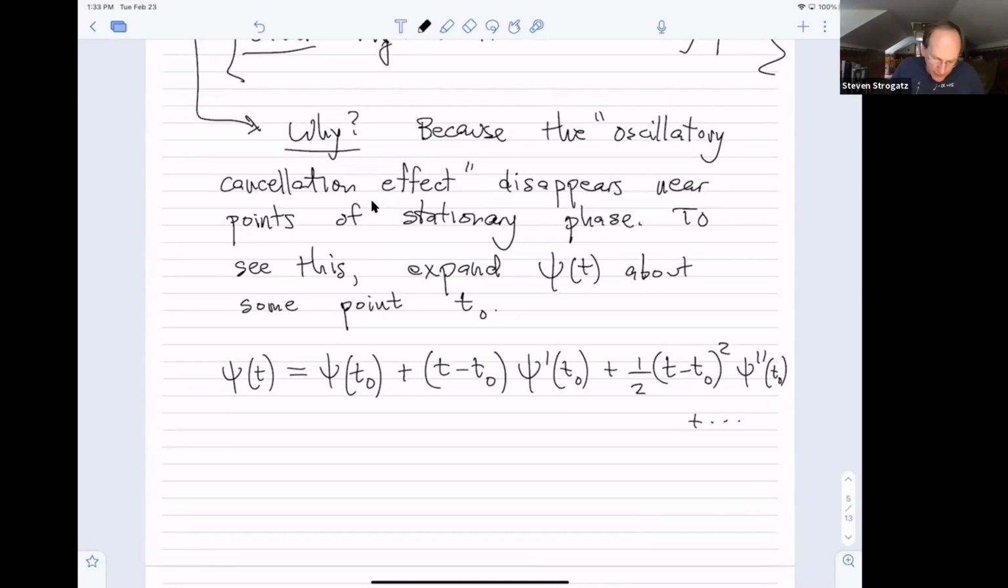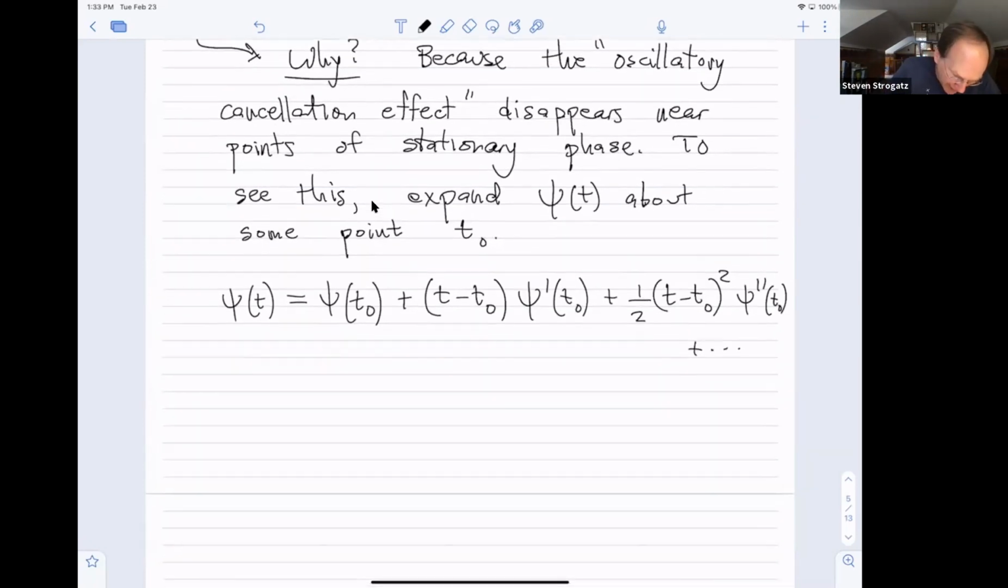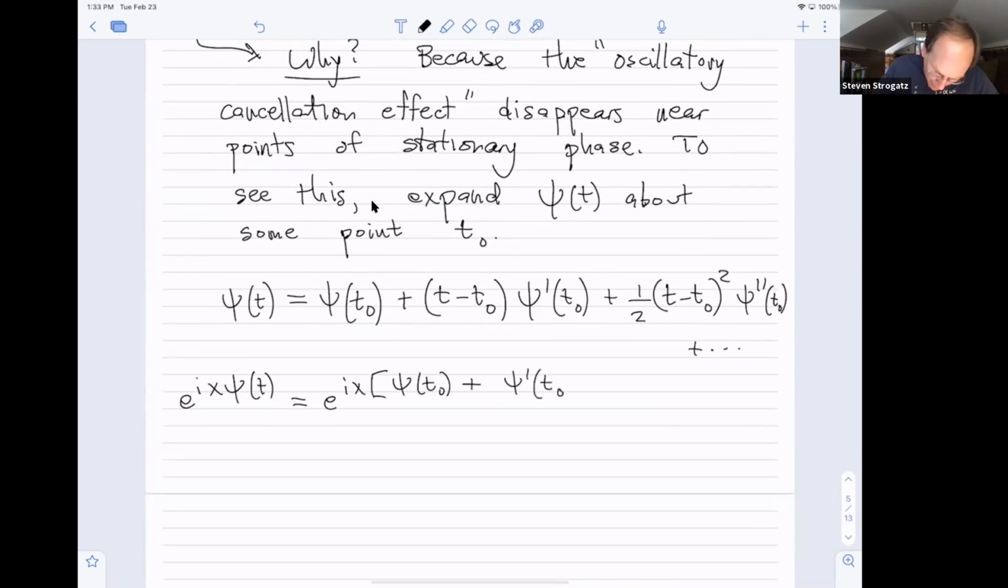Then when I pop that into the e to the i x psi, let's see what we get. I'll have an e to the i x times psi of t0 plus psi prime at t0 times t minus t0.